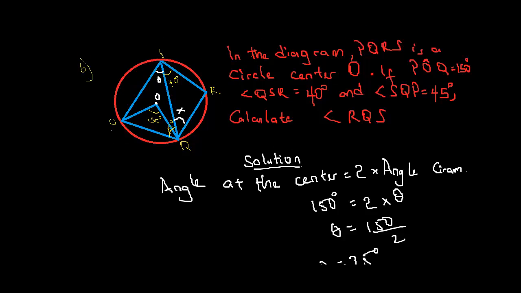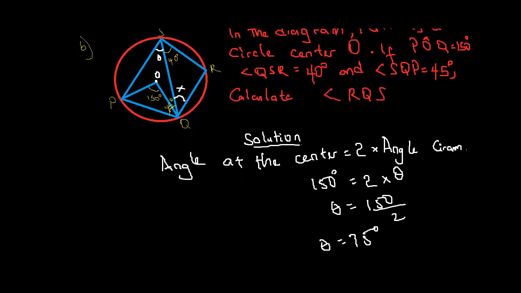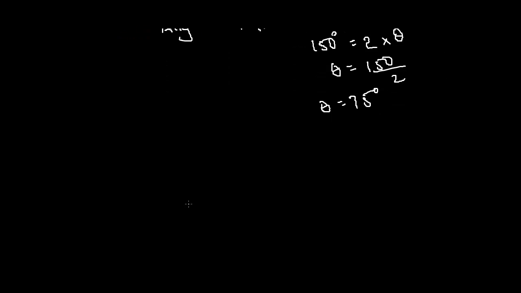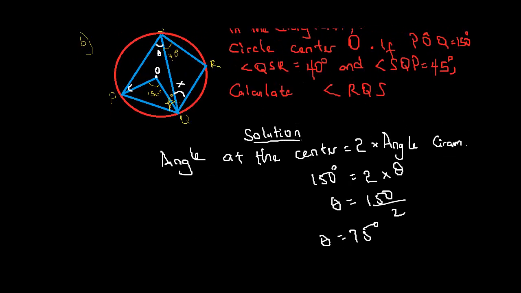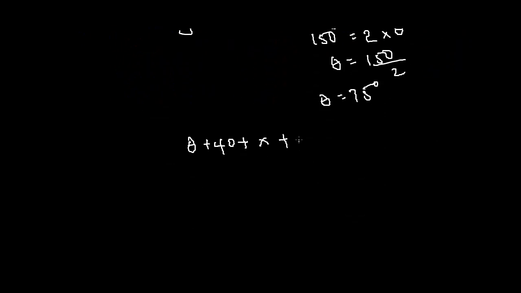Now after getting this, don't forget what I need is x. Opposite angles of a quadrilateral add up to 180. So when you have a four-sided shape, which is called a quadrilateral, opposite angles is equals to 180. So this means theta plus 40 plus x plus 45, the opposite side, should be equals to 180.